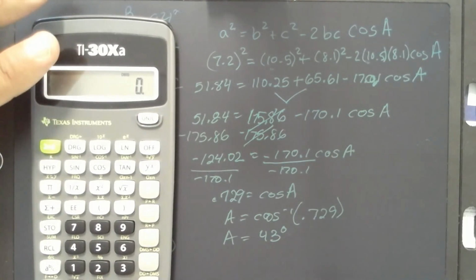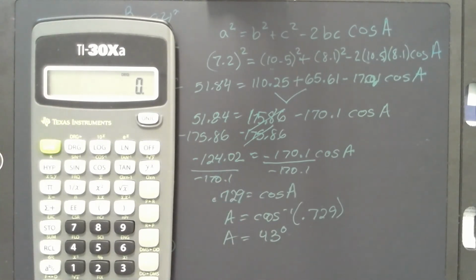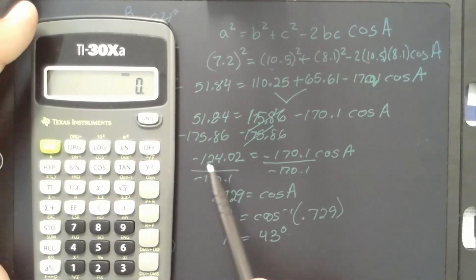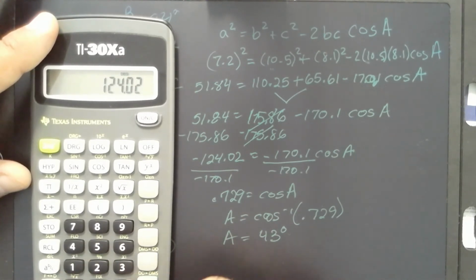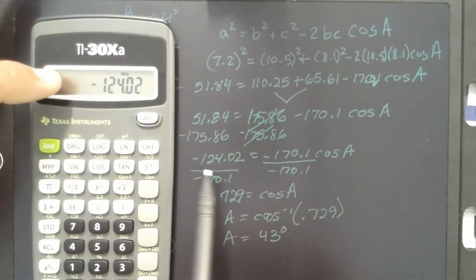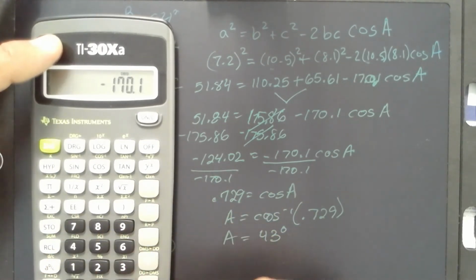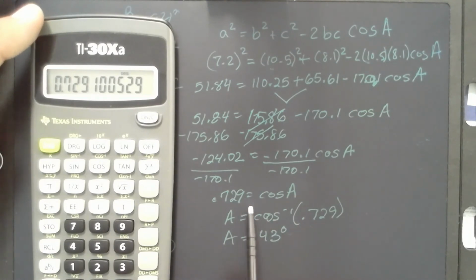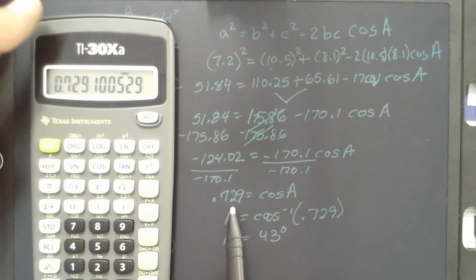Remember I told you the more significant figures you have, the more precise your answer will be. So if I go back to this part here, 124.02, which was negative, divided by negative 170.1, this right here, cosine of A is 0.729100529.